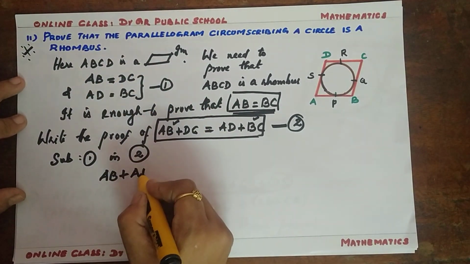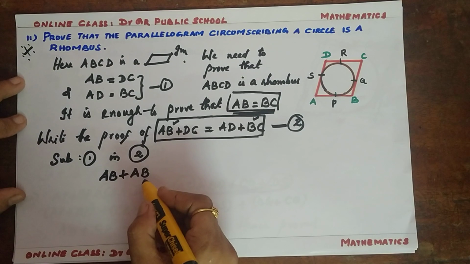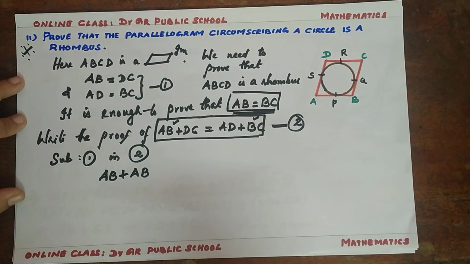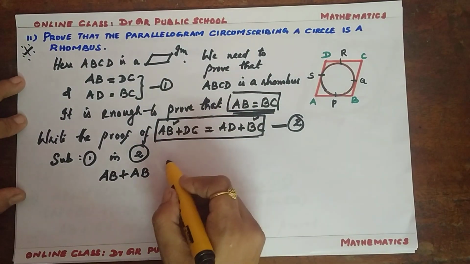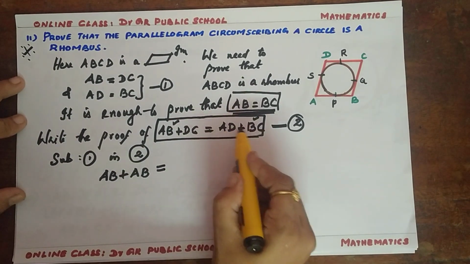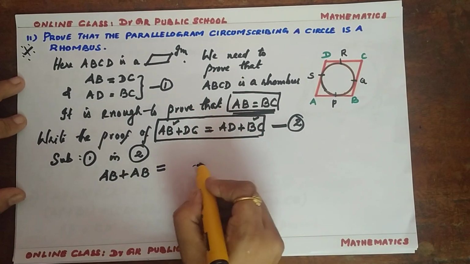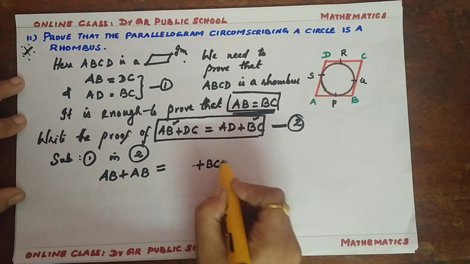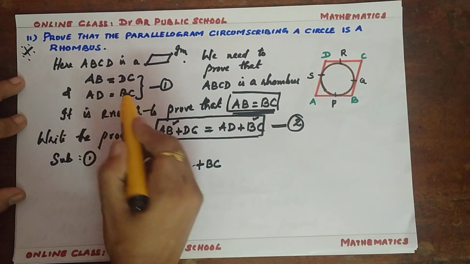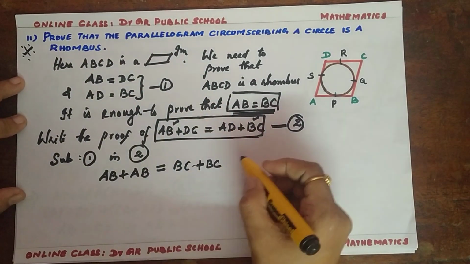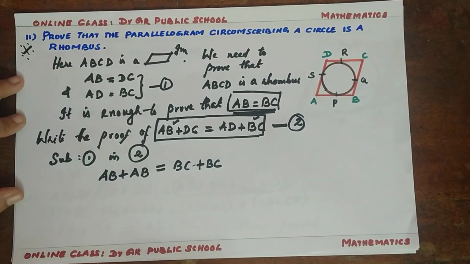Am I right? From equation 1. Why am I writing AB everywhere? Because I want to prove that AB equal to BC. Equals, now AD plus BC is there. BC I want, so I am going to keep the BC there. But AD can be replaced again as BC, using equation 1, substituting 1 in 2.